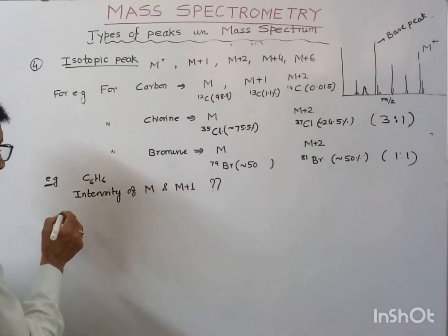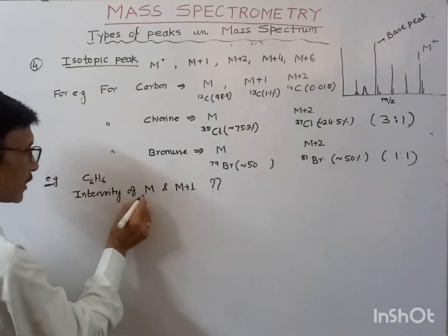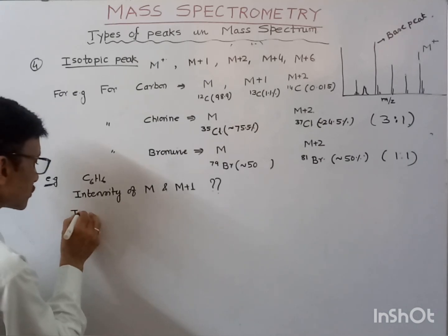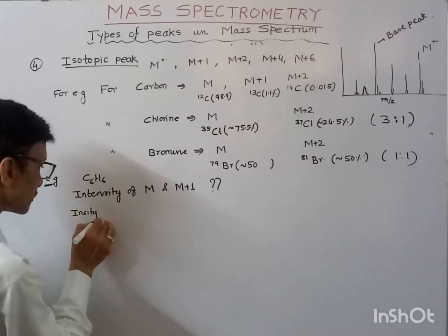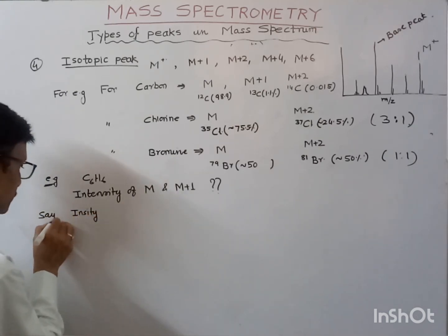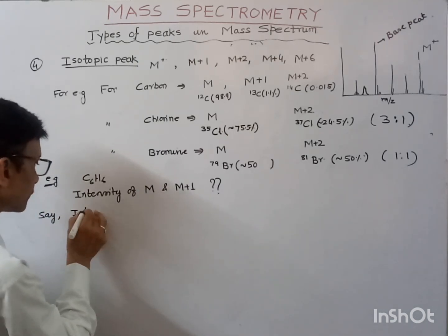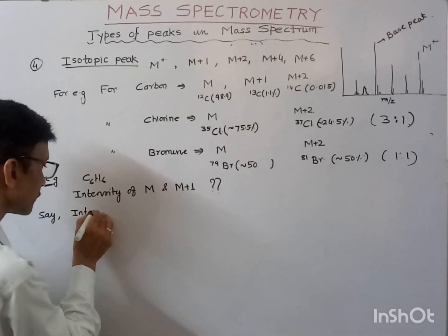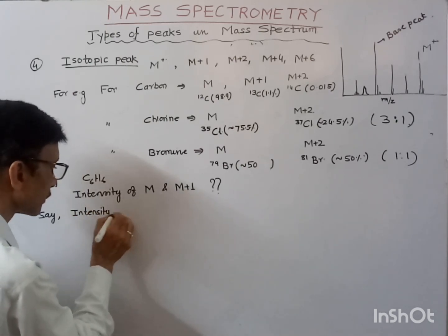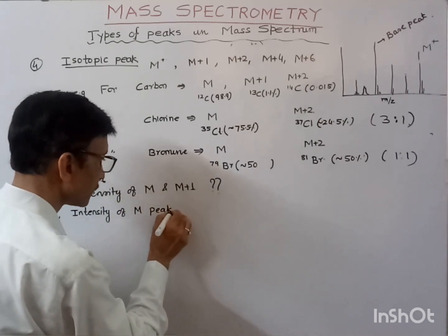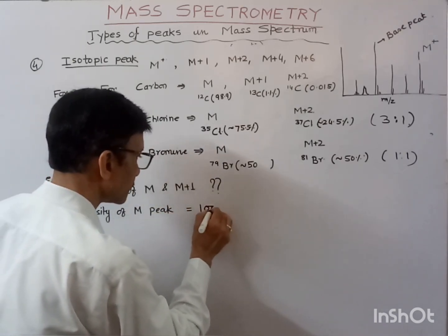Suppose the intensity of the M peak is, say, 100.